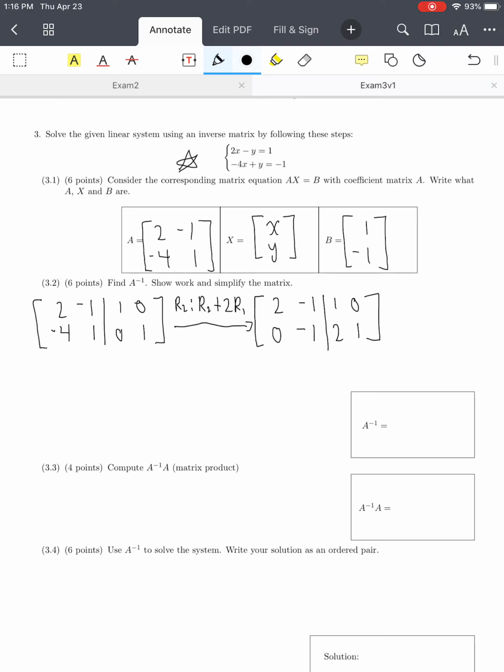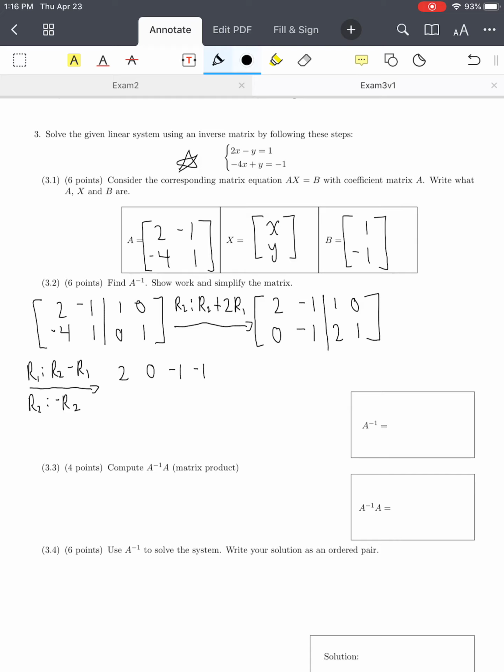Okay, let's see. Here, I'm actually going to take row 1 is row 2 minus row 1. And then row 2 is just negative row 2. So I'm subtracting row 1 from row 2. So 2, 0, then 1 minus 2 is negative 1, 0, minus 1 is negative 1.